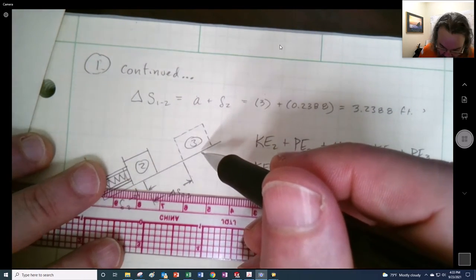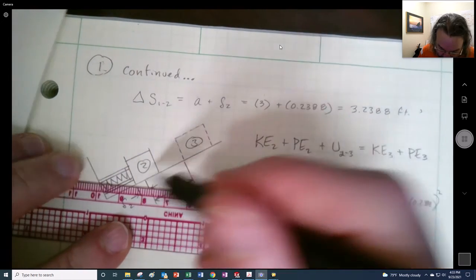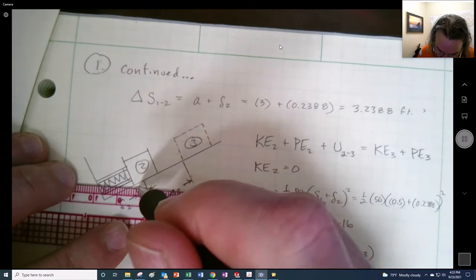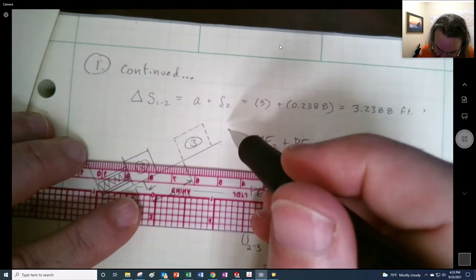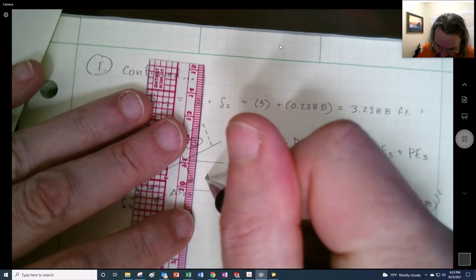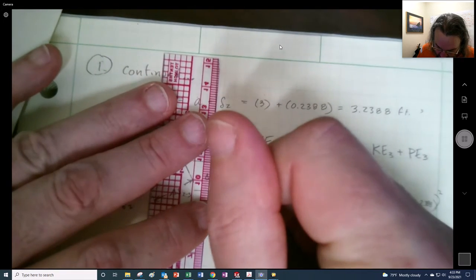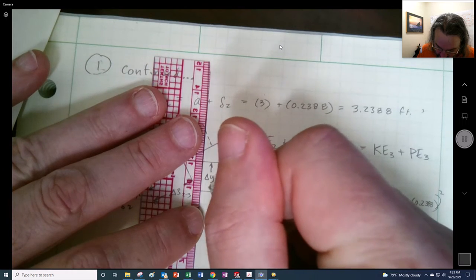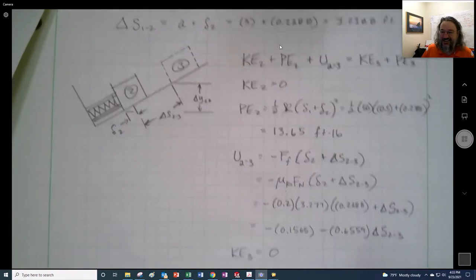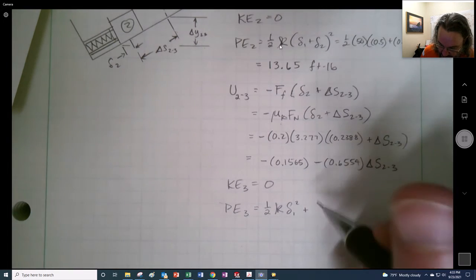I guess we did use the bottom corner here. So I'll try to make that clear by drawing a line that goes to right there. And we're going to go delta y 2 to 3, which isn't going to be exactly consistent with what we were using before, but it'll have to do.